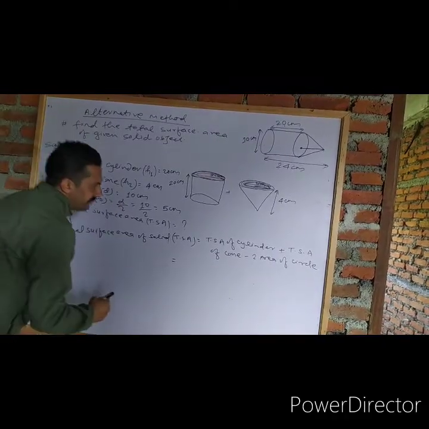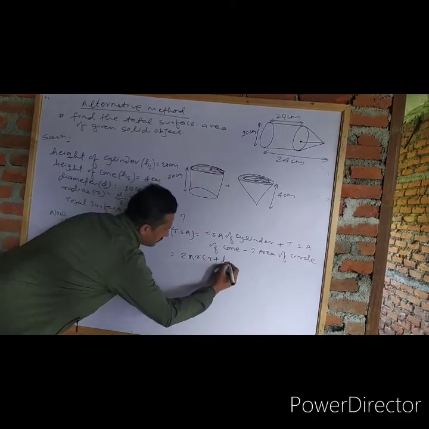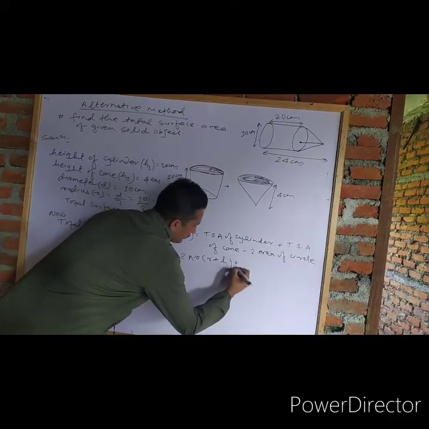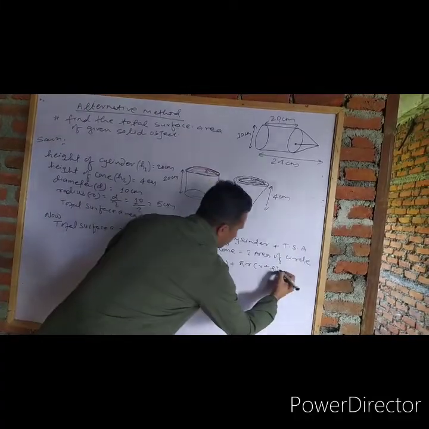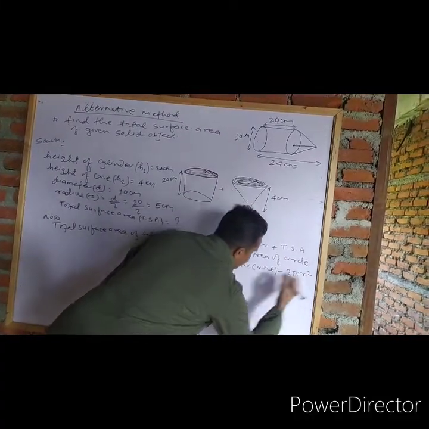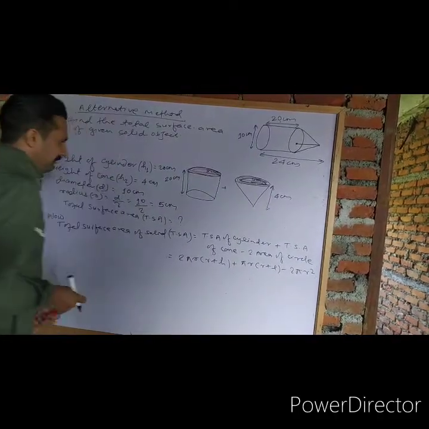TSA of cylinder formula is 2 pi r times r plus h, plus pi r times r plus L, minus 2 pi r square. Now put the values.